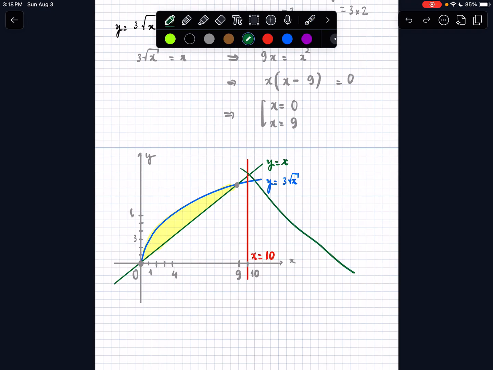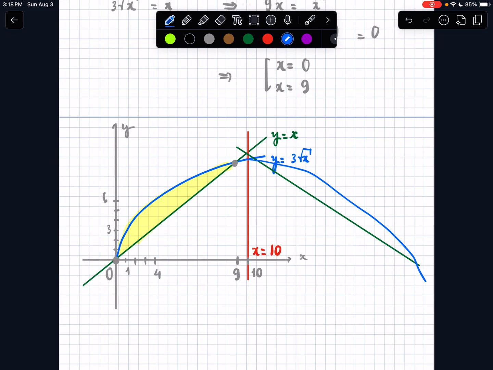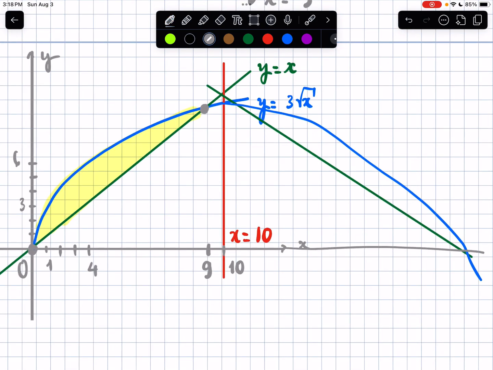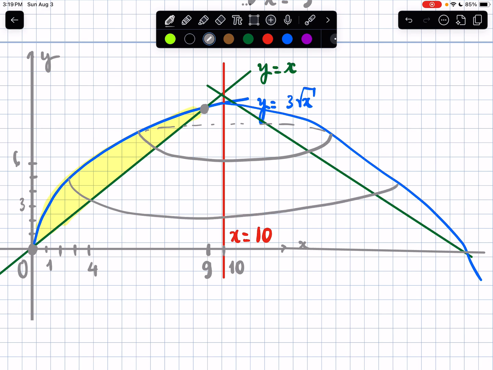The green line gives something like this, the blue line gives something like this. So every point on the blue one gives this bigger circle. Every point on the green one gives us a smaller circle.